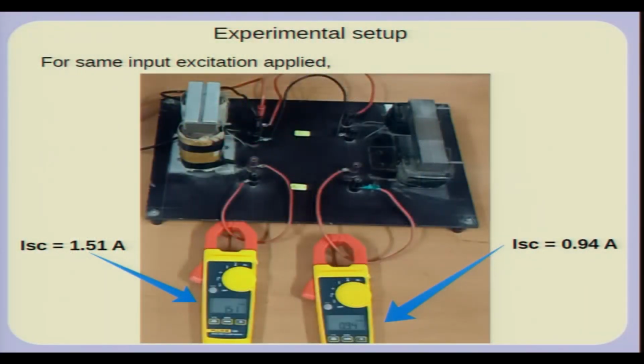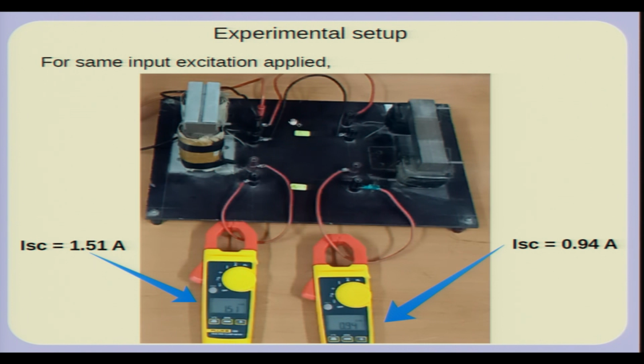If I do this experiment, you find that for the tall transformer the short circuit current is 1.5 amperes, whereas for the short transformer it is 0.94. So, leakage is more here compared to this.